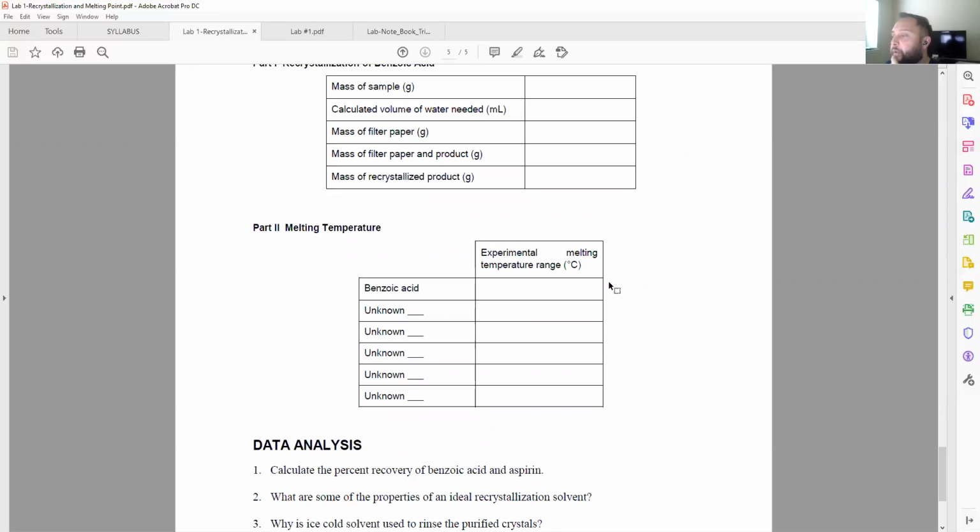Do we submit the data, like us typing that out, not like actually a PDF of us filling that out? Yeah, your actual lab report will have this in it.